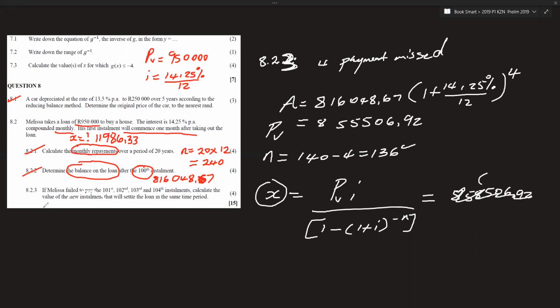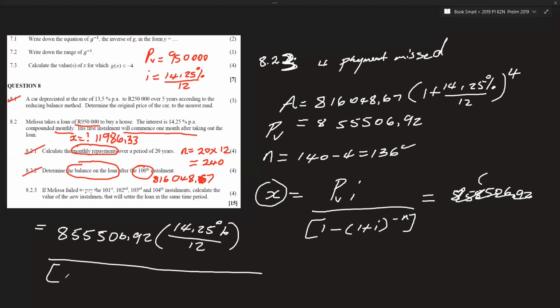It's going to be 855,506.92 in bracket, my i is 14.25% over 12, and then I have to divide this by 1 minus 1 plus the interest over 12 to the power of negative 136. Let's see now on a calculator what we're going to have.